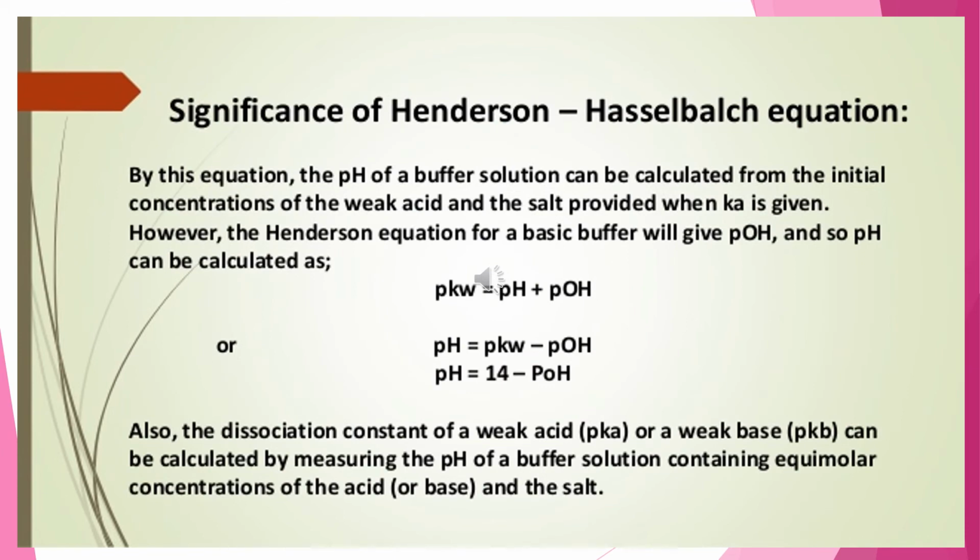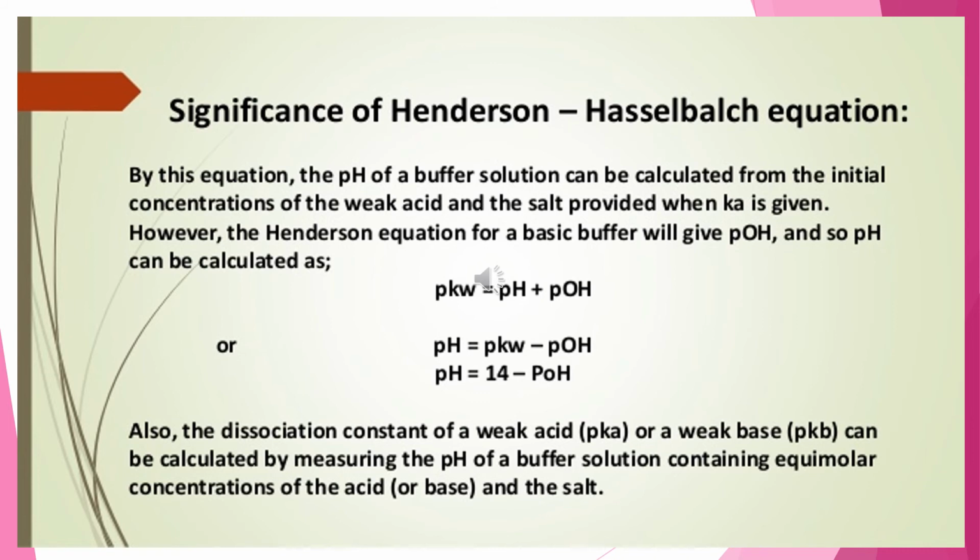Significance of Henderson-Hasselbalch equation. By this equation, the pH of the buffer solution can be calculated from the initial concentration of the weak acid and its salt, provided Ka is given. However, the Henderson equation for the base buffer will give pOH, and so pH can be calculated.